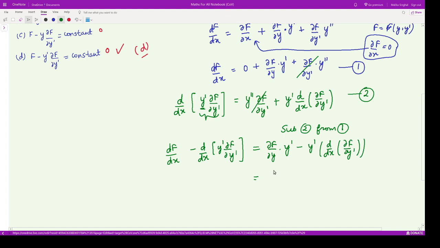From the right hand side I can take y dash common, so I'll be left with del f by del y minus d by dx of del f by del y dash.